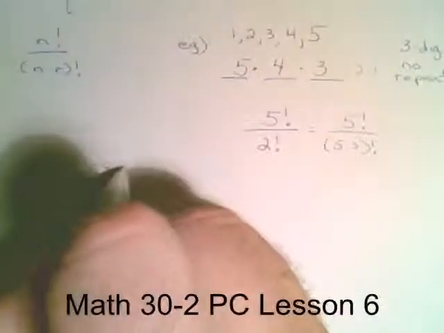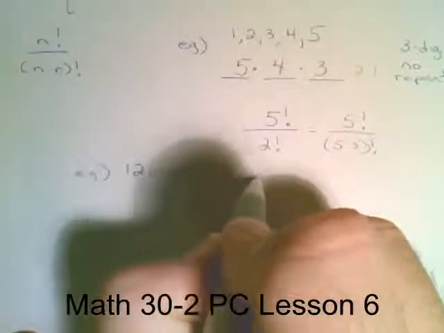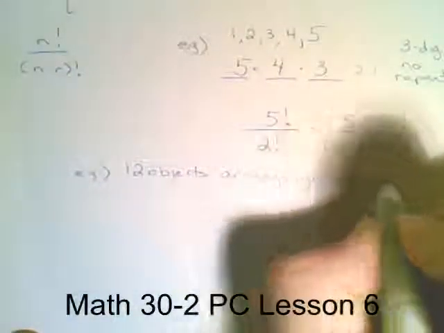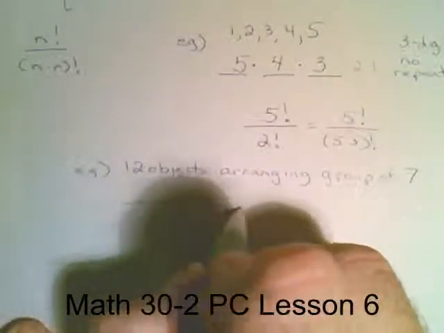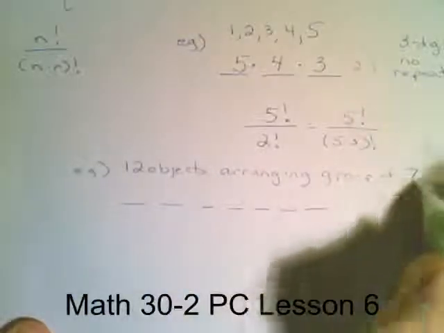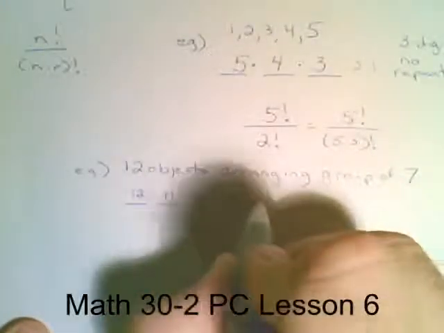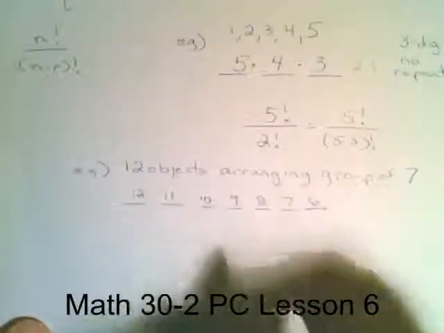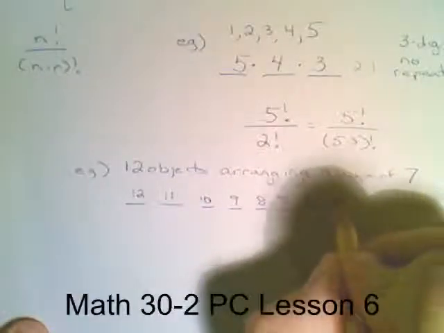If you're rearranging, it doesn't matter how many objects. Say, for example, I've got 12 objects and I'm arranging a group of 7. Well, you've got 7 blanks, and there are no repetitions in this particular case. So there are 12 choices there, then 11, then 10, then 9, then 8, then 7, and then 6.